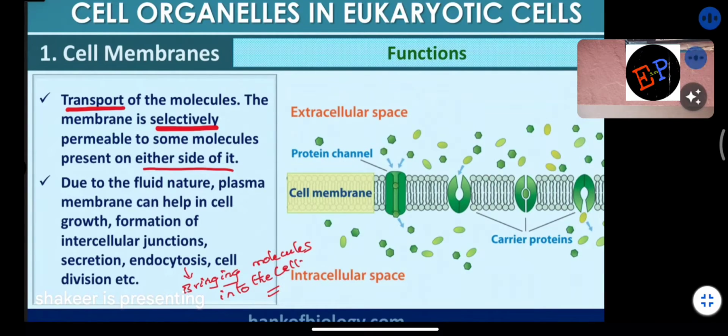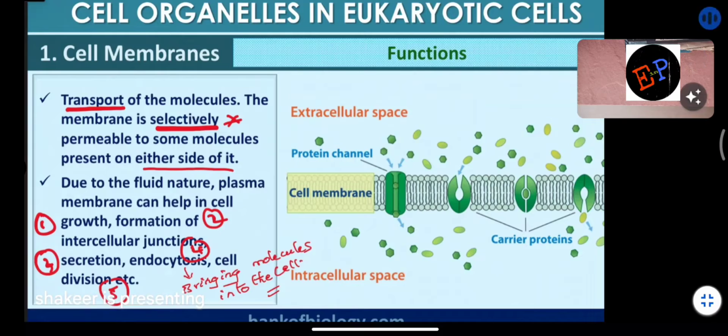That is why we call this selective transportation. So this is one of the functions of the cell membrane. Due to its fluid nature, the plasma membrane can help in cell growth, formation of intercellular junctions, secretion, endocytosis, and cell division, etc.